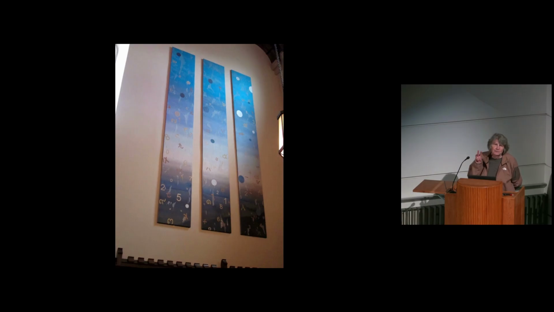I wove 3 panels with letters, and I wove 3 panels with numbers. And they were the building blocks of how we exchange knowledge, and it really seemed appropriate for a university. And here's the actual 3 panels with the numbers installed.